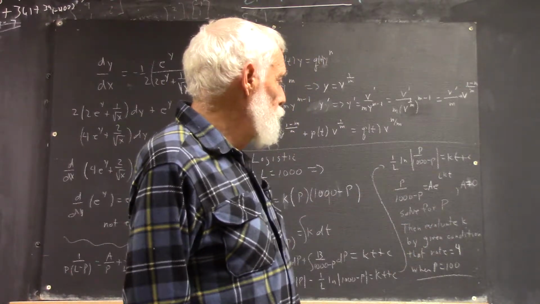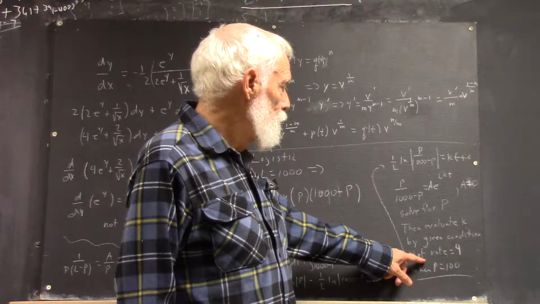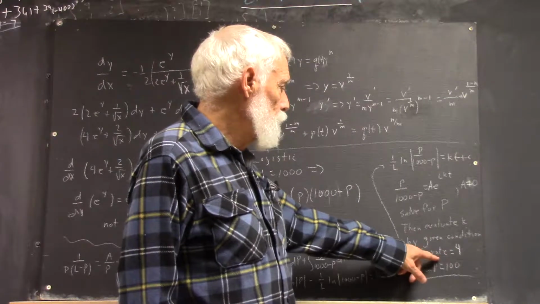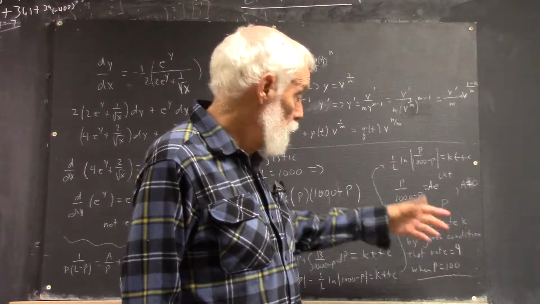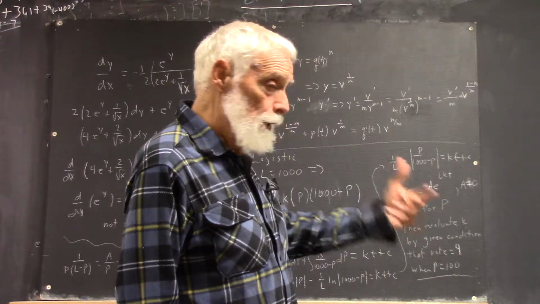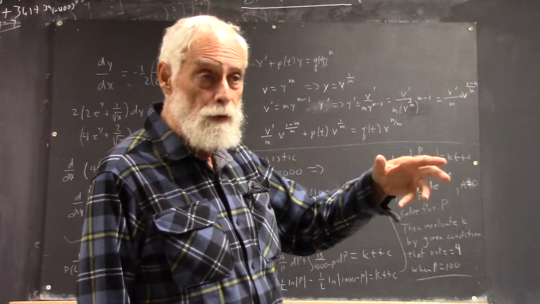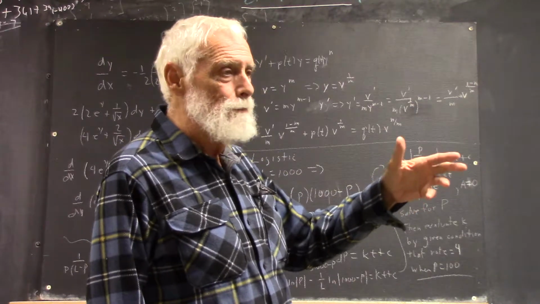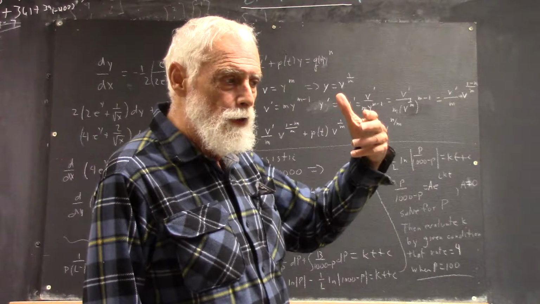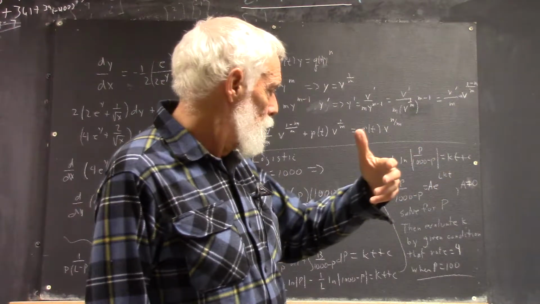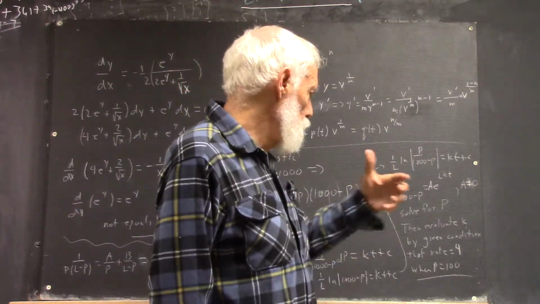And then we evaluate k by the given condition that the rate is 4, which means the derivative of our function over here, the function we get for P, would have value 4, meaning a population change of 4 per year, I think it was, or per month, or per unit of time.